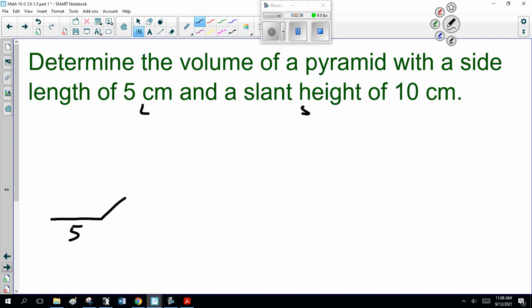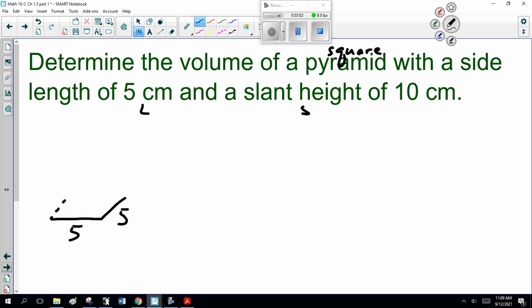That's a problem. You can assume it's a square. Actually, it's better to ask Mr. Sutton because this is a very badly worded question. It could be a rectangular pyramid, and I forgot to give you the other number, or it's square, and I forgot to say square. Either way, you can't solve it as written. So I have to tell you, oops, it's a square pyramid. That makes it a really nasty question.